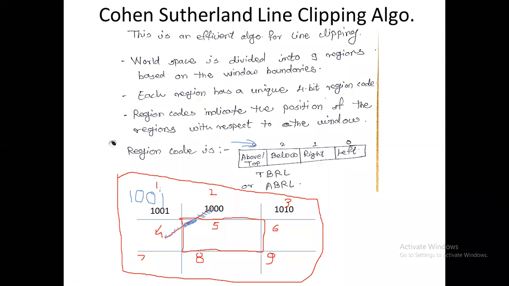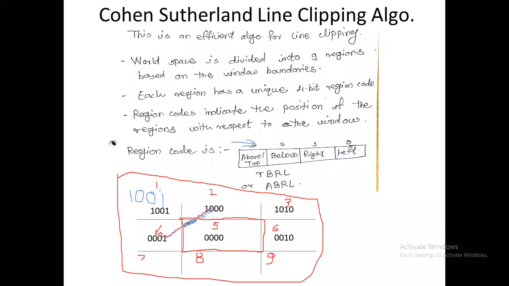For the fourth region, it is neither top nor bottom. Okay. So the first two bits will be 0, but here it is not on the right hand side. It is 0. So on left, that's why it is 1. And the middle region, fifth region, is always set to 0000. So further you can calculate.